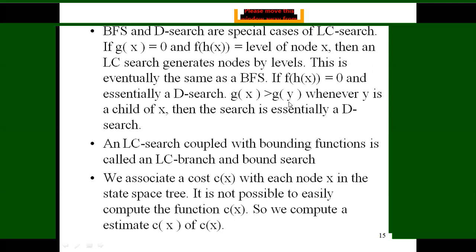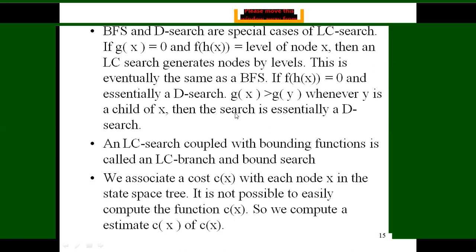So g(x) is greater than g(y) whenever y is a child of x. Okay, x is the parent and y is the child. You are comparing the additional effort needed to reach y and the additional effort needed to reach x.